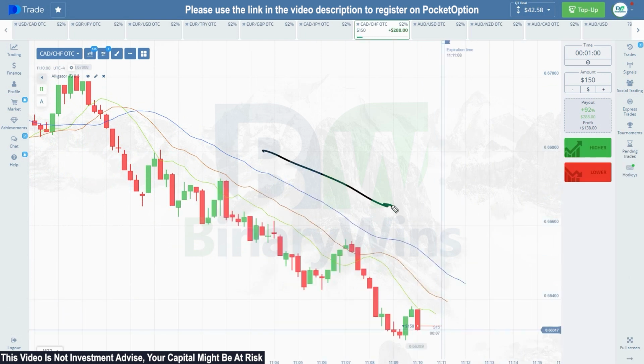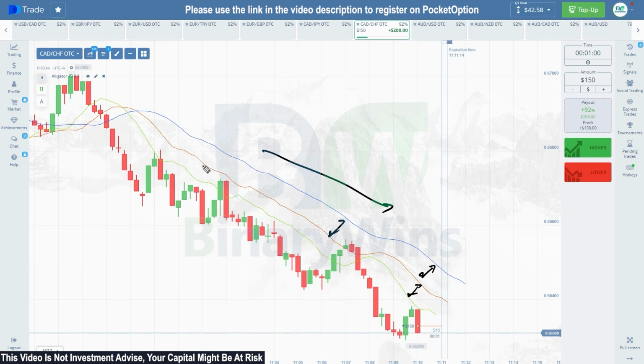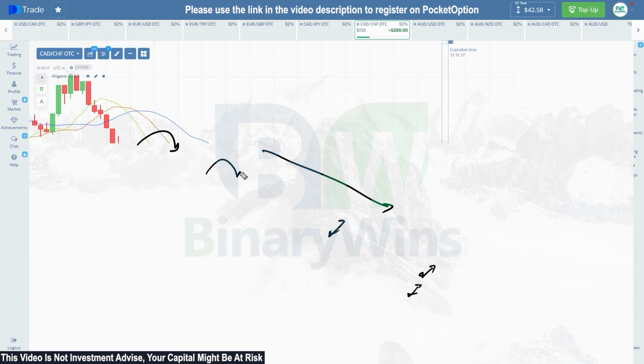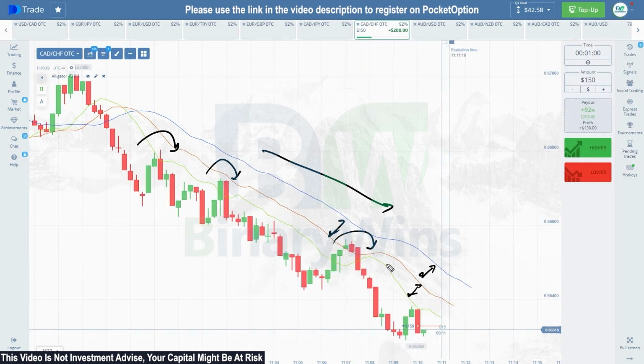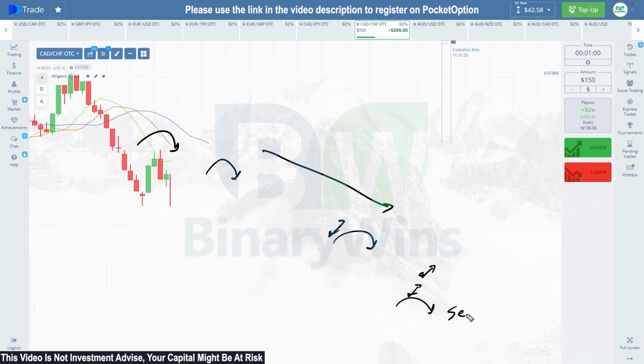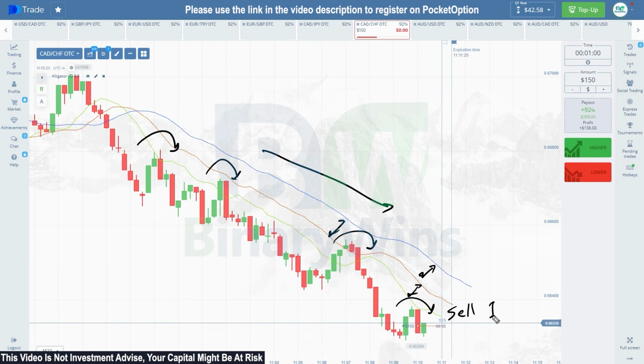There is a strong downward trend. The distance between the lines is too much. The trend reversal has already happened several times. That's why I entered the 1 minute sell trade.